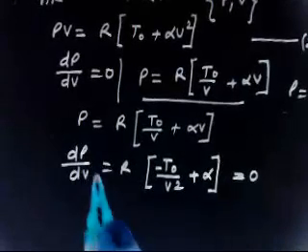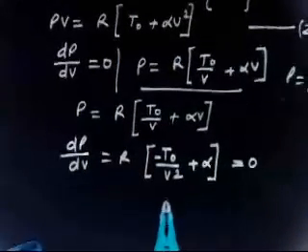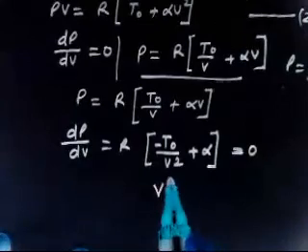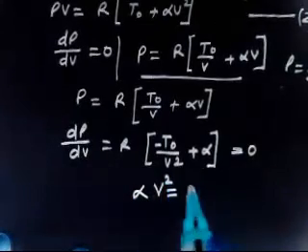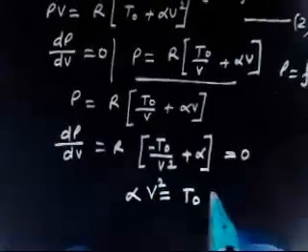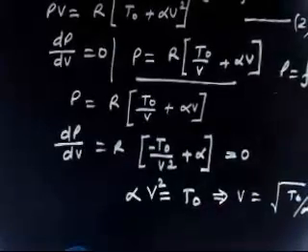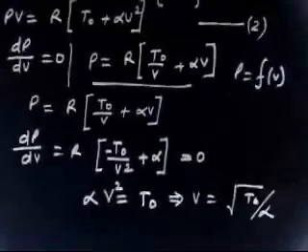For pressure to be minimum, dP by dV has to be 0. So alpha V squared equals T naught, and V is the square root of T naught by alpha. This is the required condition.